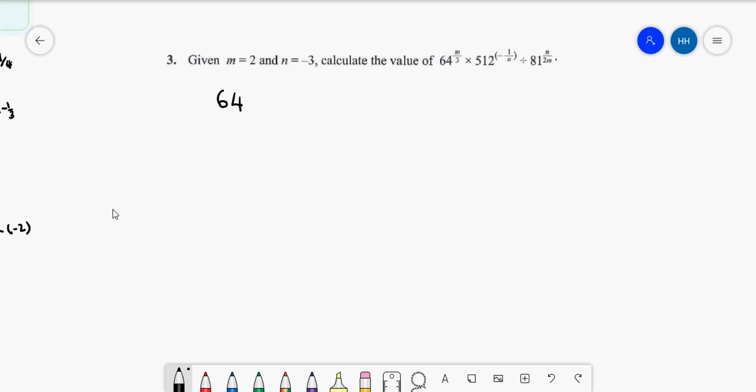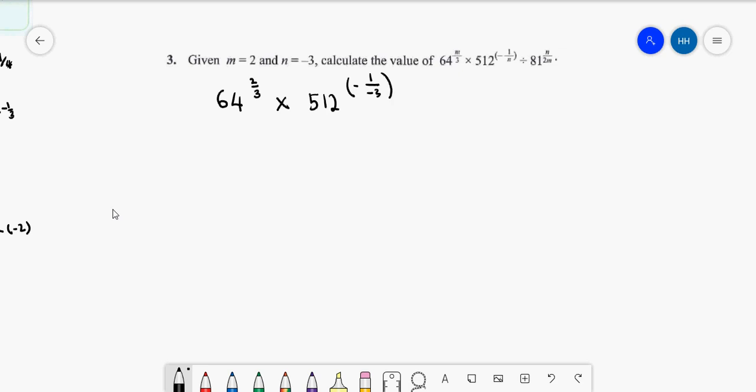M is 2, so I write 2 over 3. I substitute the value of m and n inside the operation here. And then 512 to the power of bracket negative 1 over negative 3.